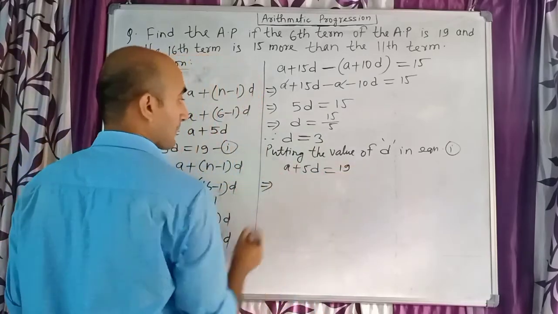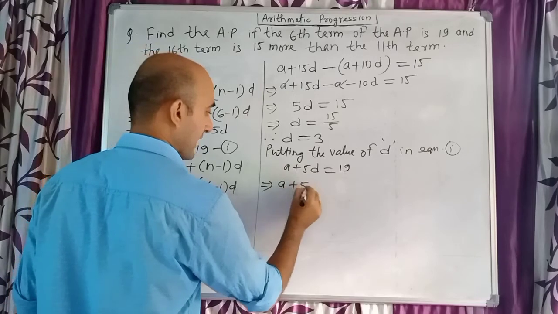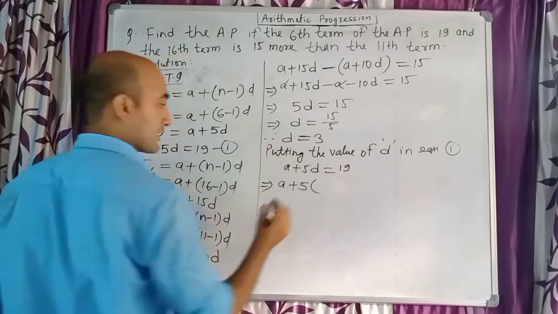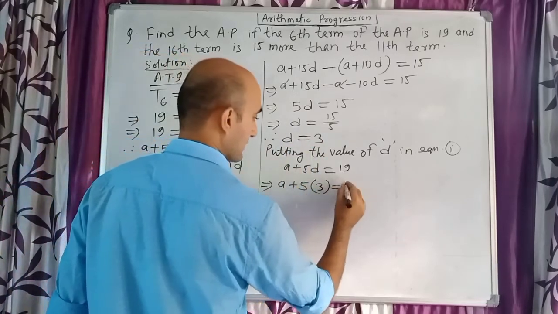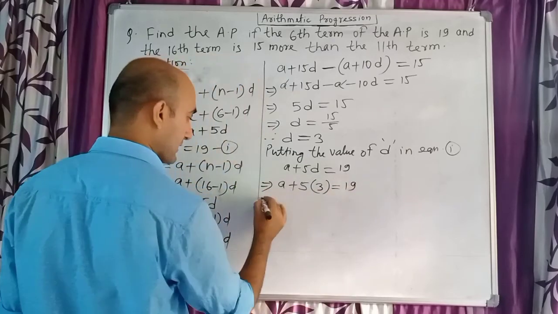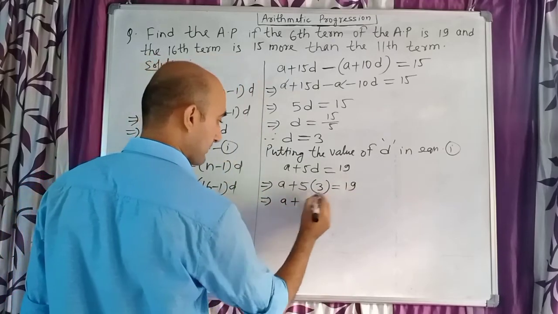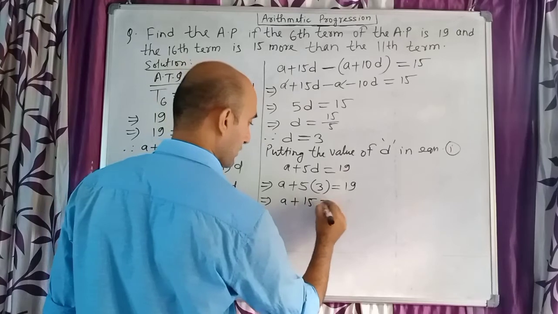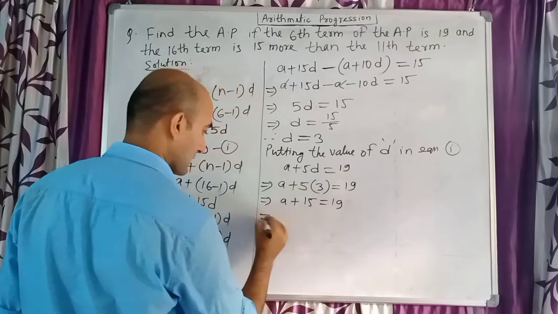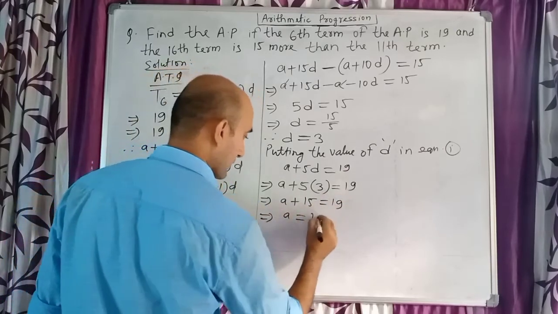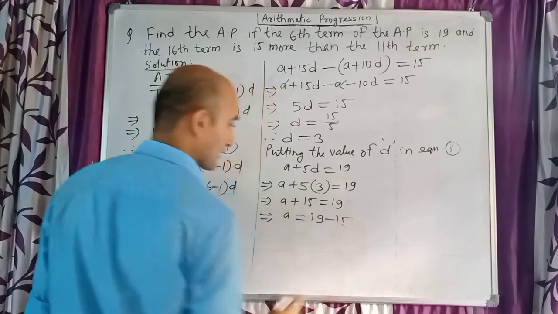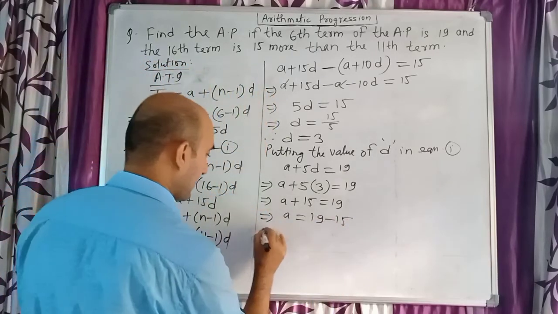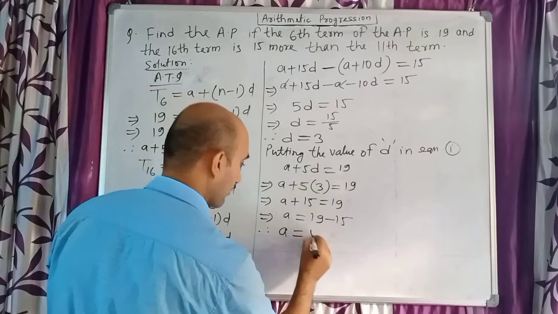Now a plus 5, and the d value is 3. You can see here, the d value is 3. Next, equal to 19. a plus 5 3s are 15 equal to 19. Next, a equal to 19 minus 15, and finally the a value will be equal to 4.